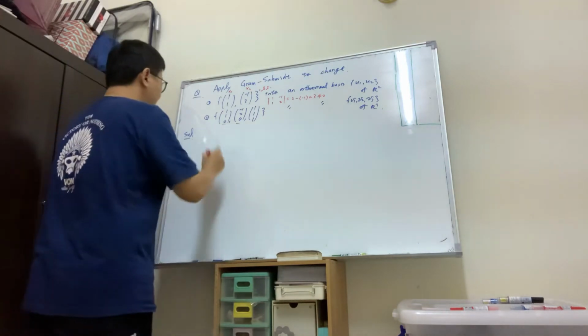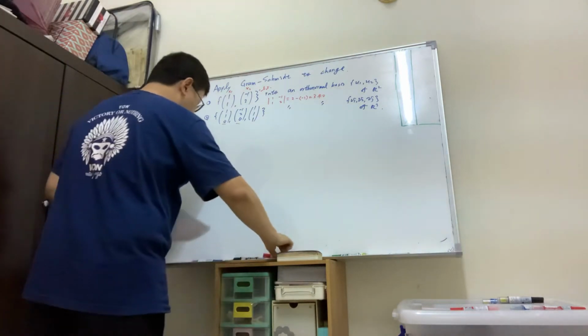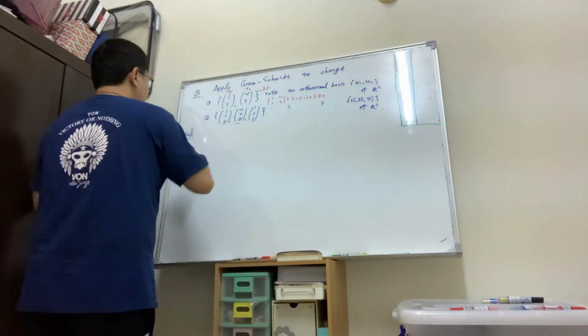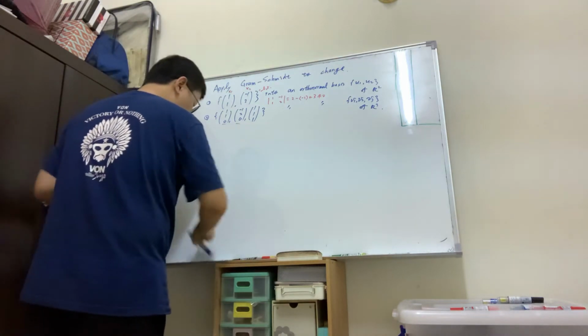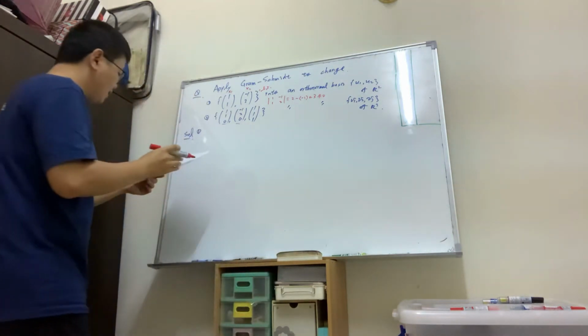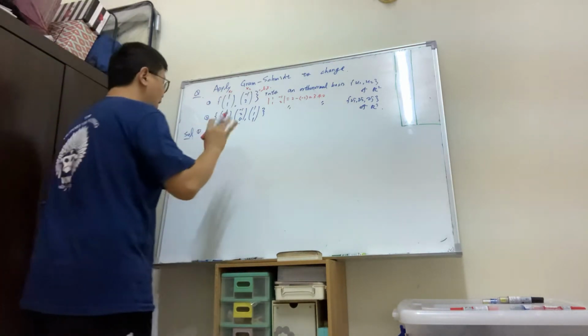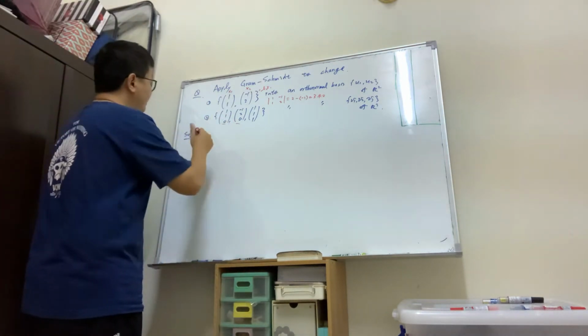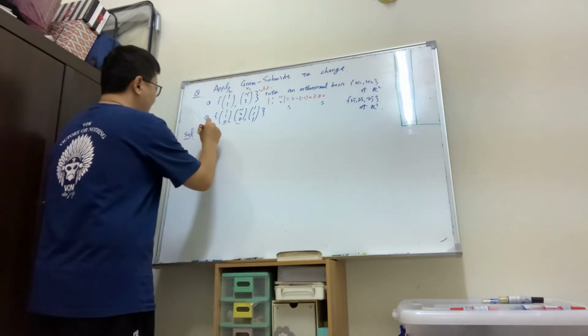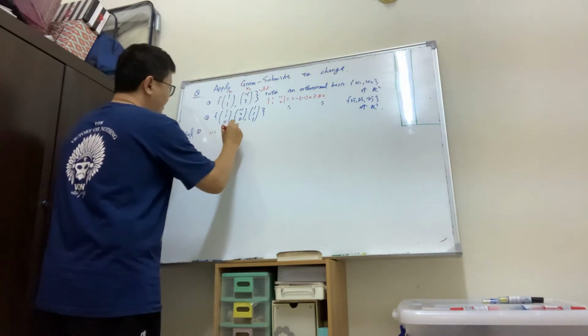So what's our first step? For question 1, I have already sent you the solution, so I will just tell you some of the process or idea in its proof. First step, we consider the unit vector u1.